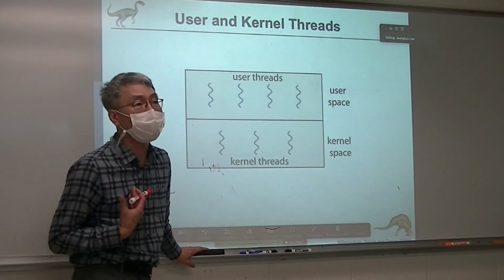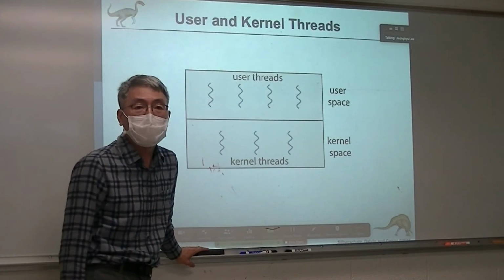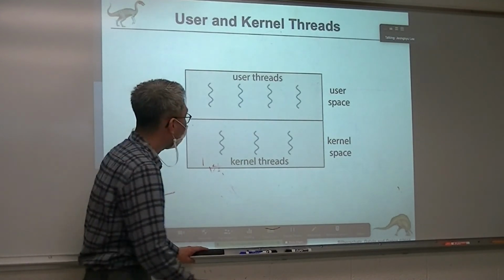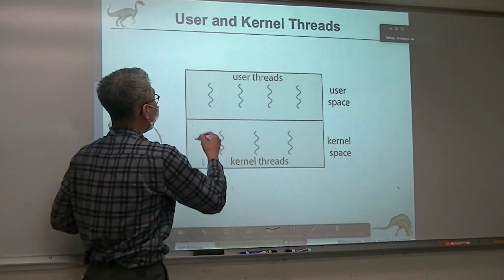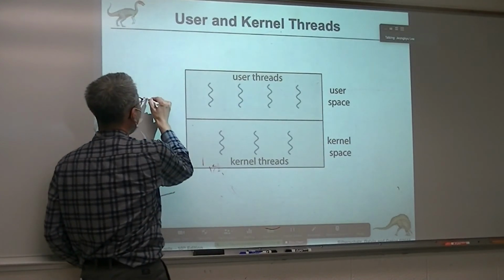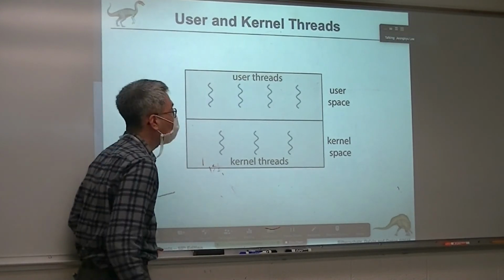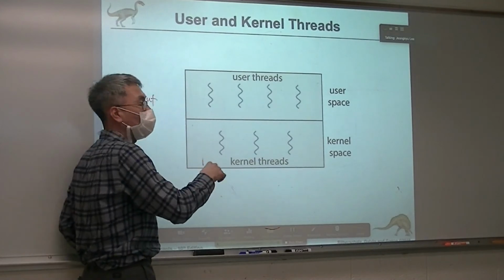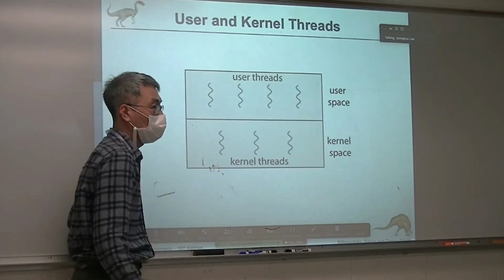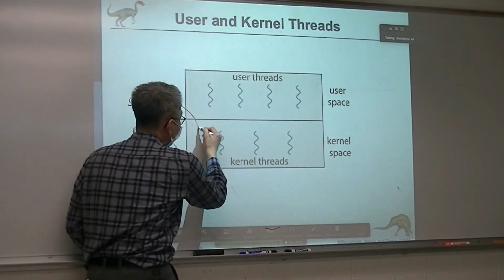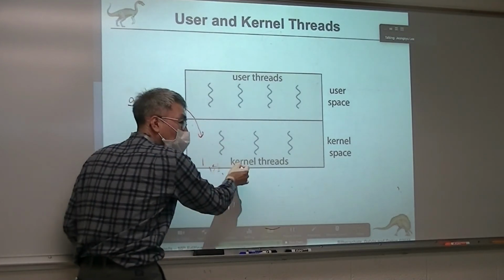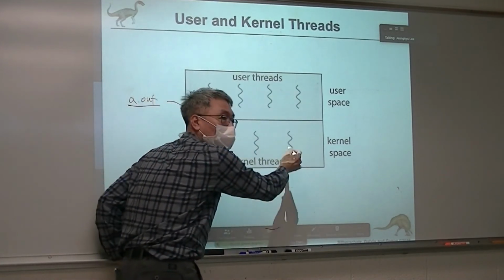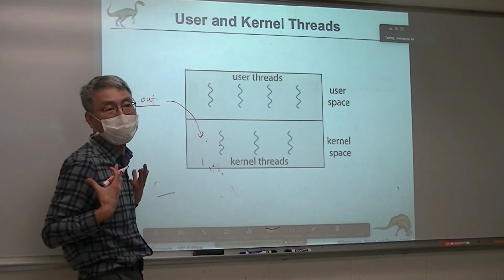User threads I can do using the thread API. But what about this one? When you run one application that includes thread programming, or even without thread programming, just a single thread, a normal process, when your program goes to the kernel, there might be multiple kernel threads. You may not realize.